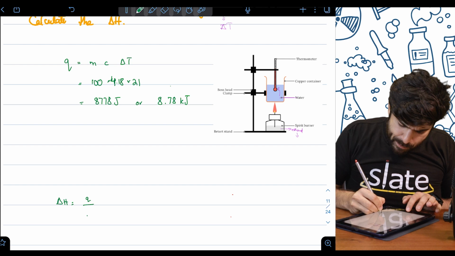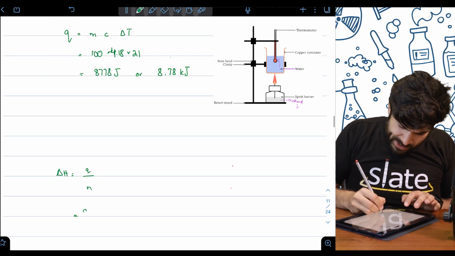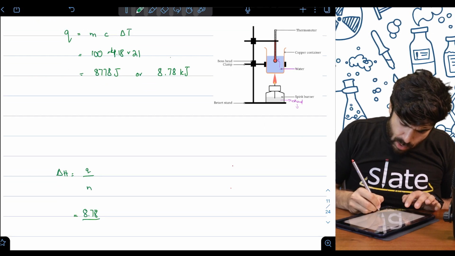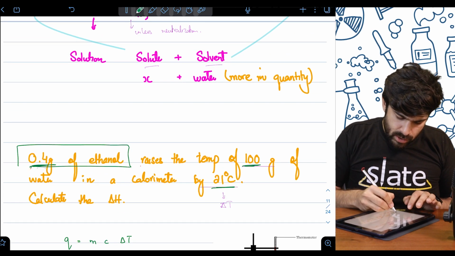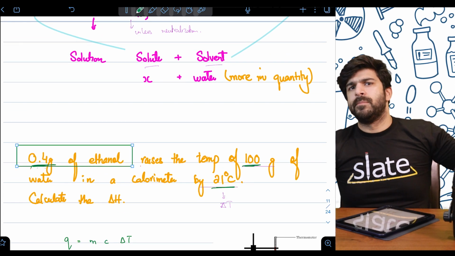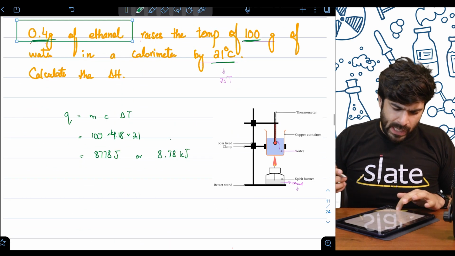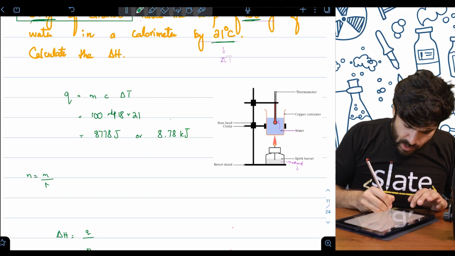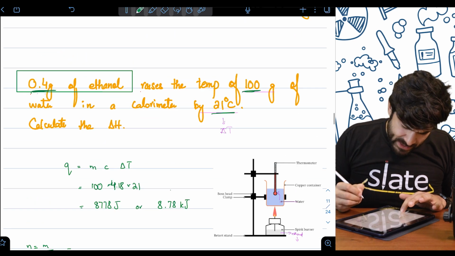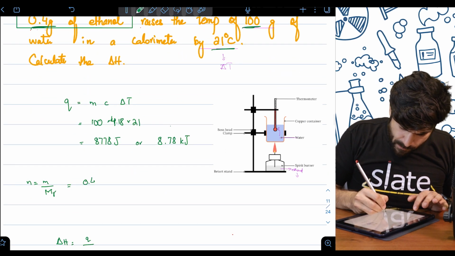That's the value. Now, I need to incorporate this Q in the delta H formula: Q divided by moles. So Q is 8.78. Moles of what? Moles of this ethanol. We have the mass, we have the name. Easy. How to calculate the moles? N equals mass over MR. Mass is 0.4.